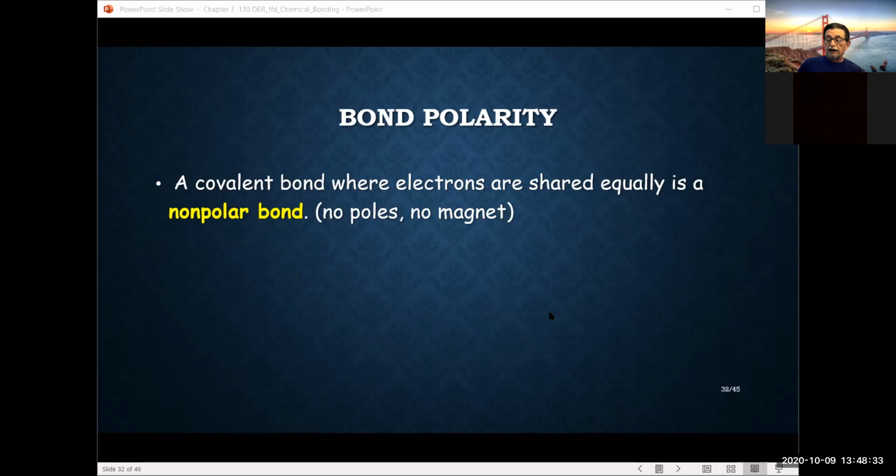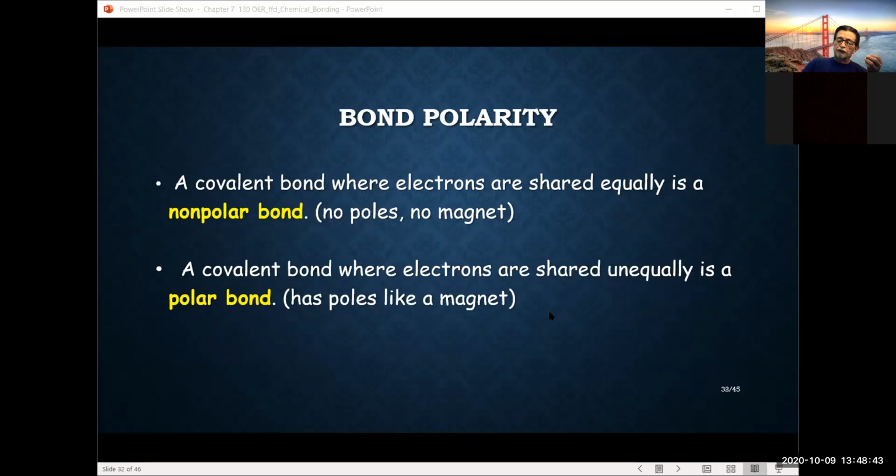Batteries are another example of something that's polar because you've got a positive end and a negative end. So when there's unequal sharing in a covalent bond, then we create a polar bond. Just like a magnet, we got a north and a south, so to speak.